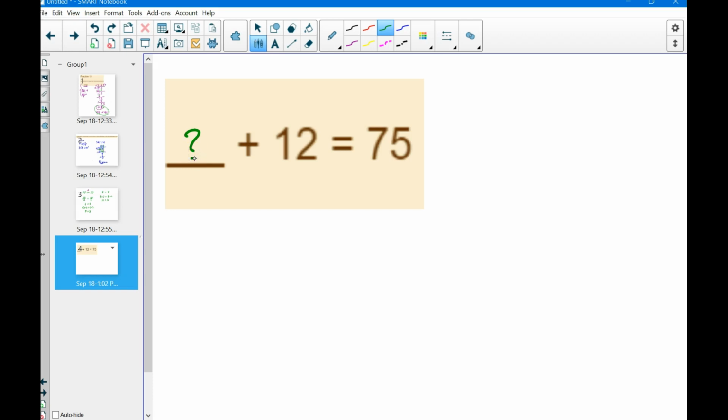So if I want to find out what that blank space is, I'm going to mess you up a bit more.